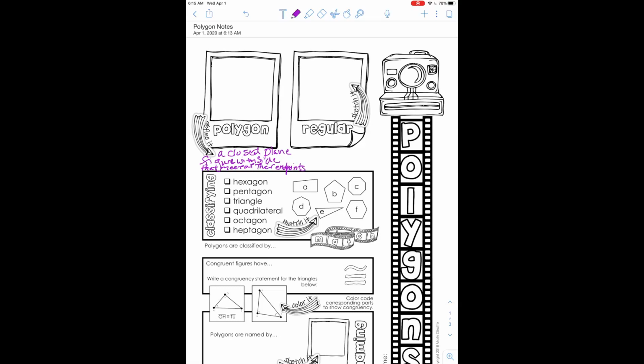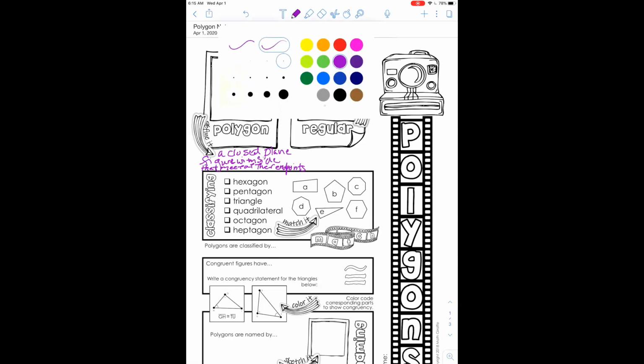So an example might be a regular polygon. A regular polygon is a polygon where all sides are congruent, or the same length.